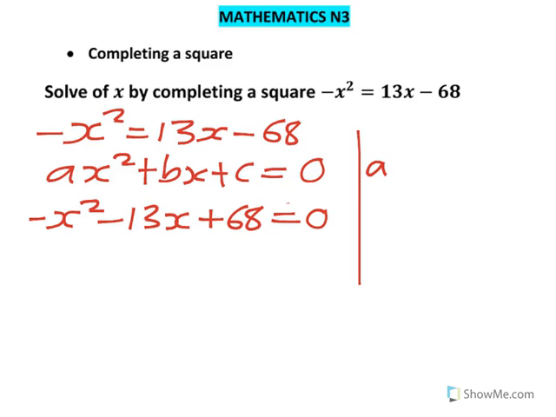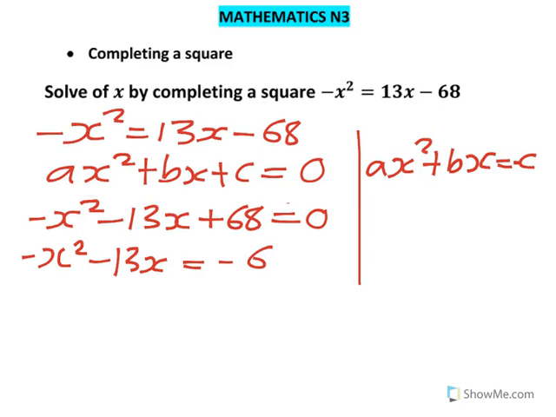Sometimes you can write it as ax squared plus bx is equal to c, or minus c in this case. Hence it will be minus x squared minus 13x is equal to minus 68.